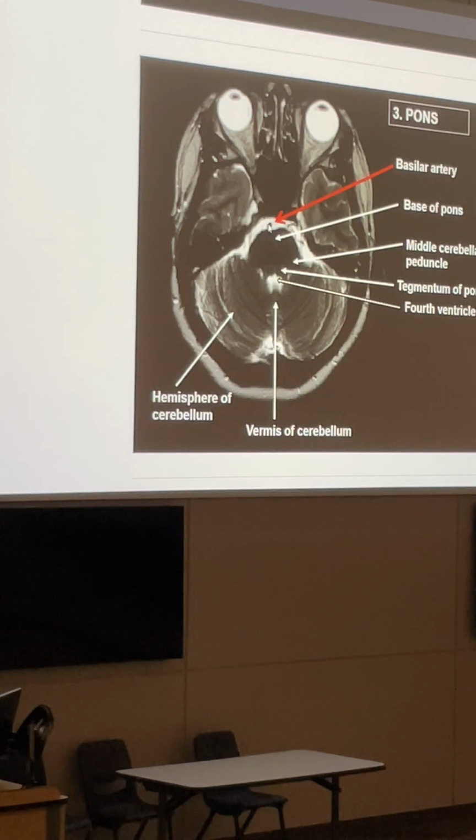What is that dark spot? What is the landmark for basilar artery? Basilar artery runs anterior to pons, right? So there's only one main vessel right at the midline.